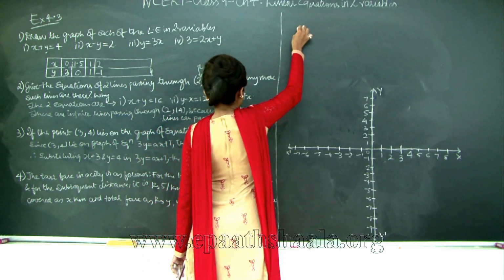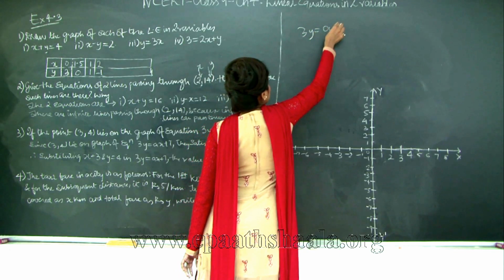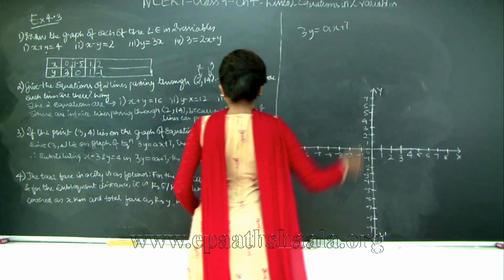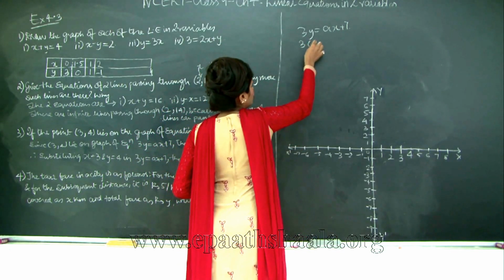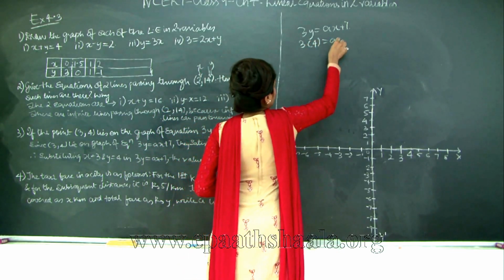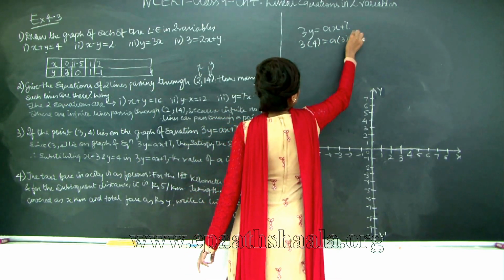So your equation is 3y is equal to ax plus 7, and what are we substituting? x is 3 and y is 4. So 3 into 4 is equal to a into 3 plus 7. Correct?